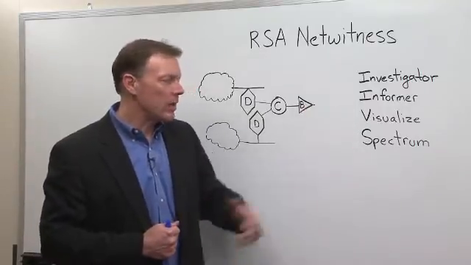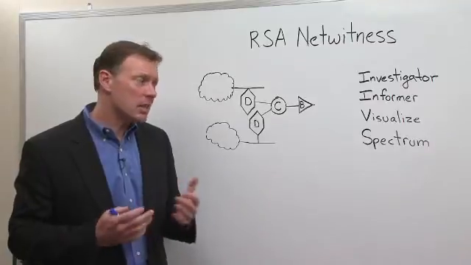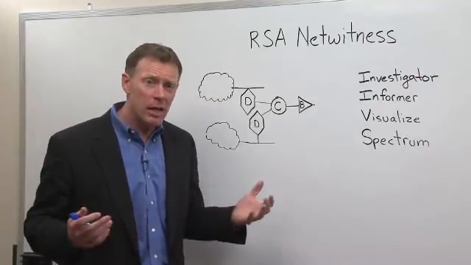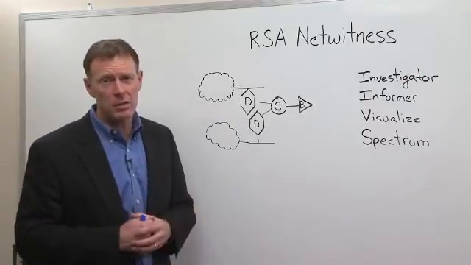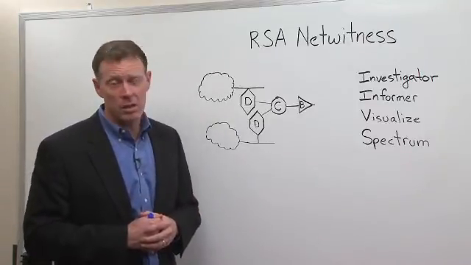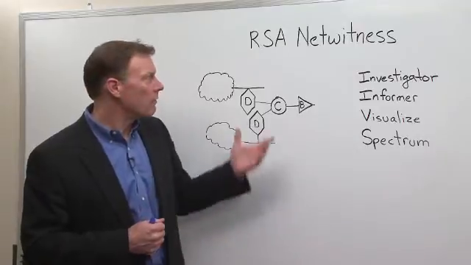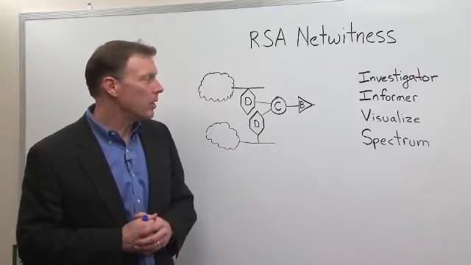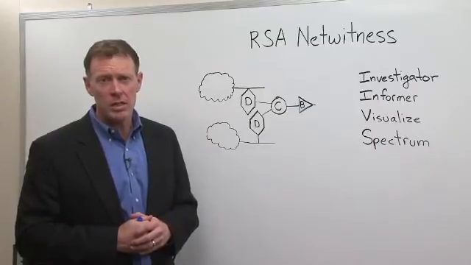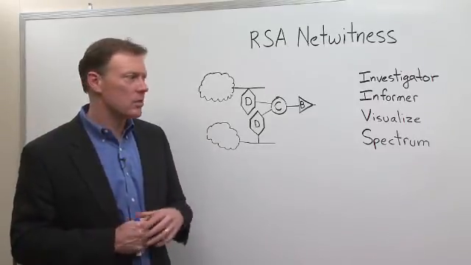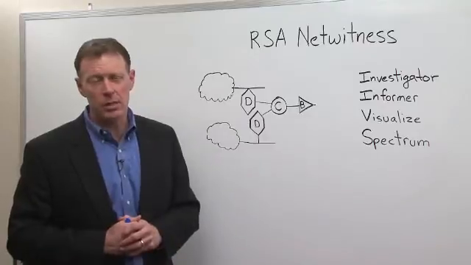And Netwitness gives your introductory analysts the ability to be intermediate analysts, and your intermediate analysts to be the rock stars in your organization. So very powerful capabilities that corporations these days really have to start looking at, because it's no longer protect and you'll be protected.